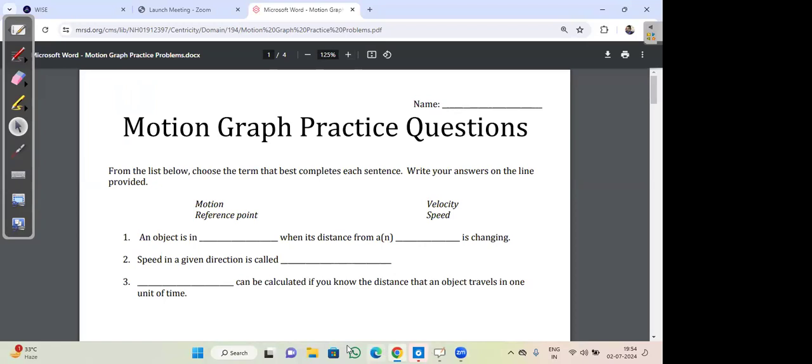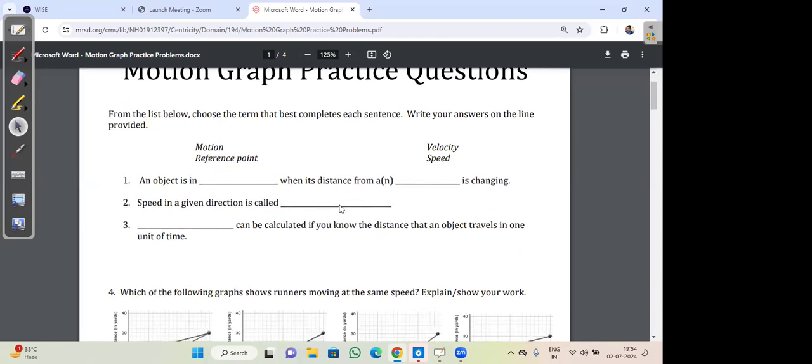From the list below, choose the term that best completes each sentence. For the first one, an object is in dash when its distance from a reference point is changing. So you have these options.